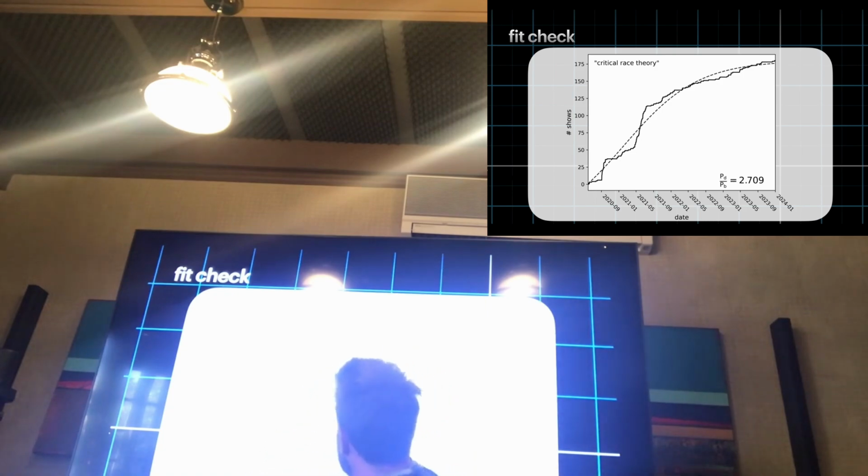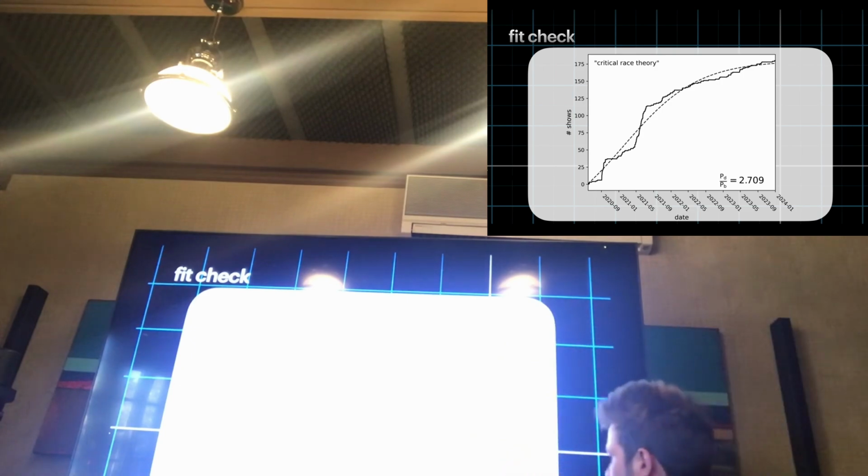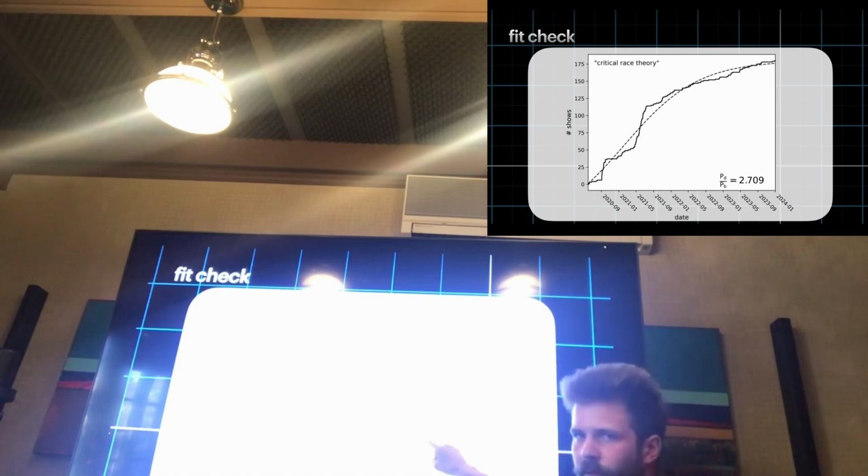And so it kind of has these jumps, and we fit the Bass model to it, and then take the ratio of PD over PB. If this is greater than 1, then it's more diffusion than broadcast. If this is less than 1, then it's more broadcast than diffusion.